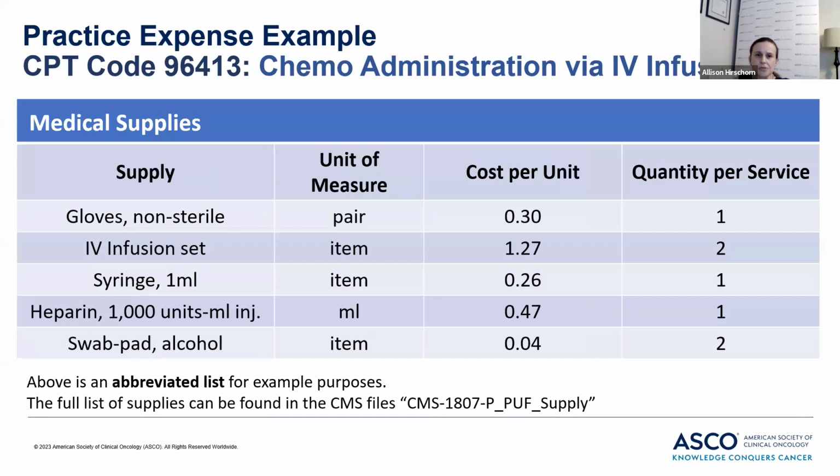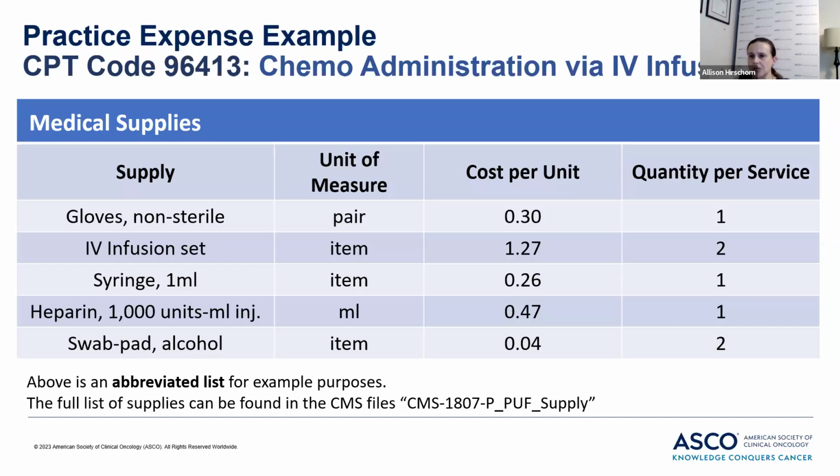That includes gloves, an IV infusion set, syringe, heparin, and a swab pad for alcohol. For each supply item, the appropriate quantity per service is determined, along with a cost per unit. The RUC provides CMS recommendations regarding supply inputs and the quantity for consideration.